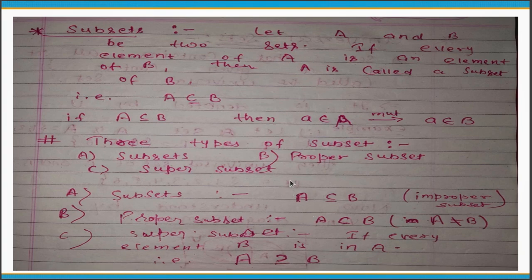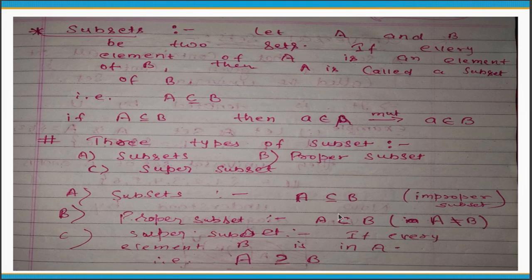Set A may be equal to set B or maybe not. This subset is also known as an improper subset. It means set B is greater than A or maybe equal. Each element of set A is contained in set B, and it is possible that each element of set B is contained in set A.